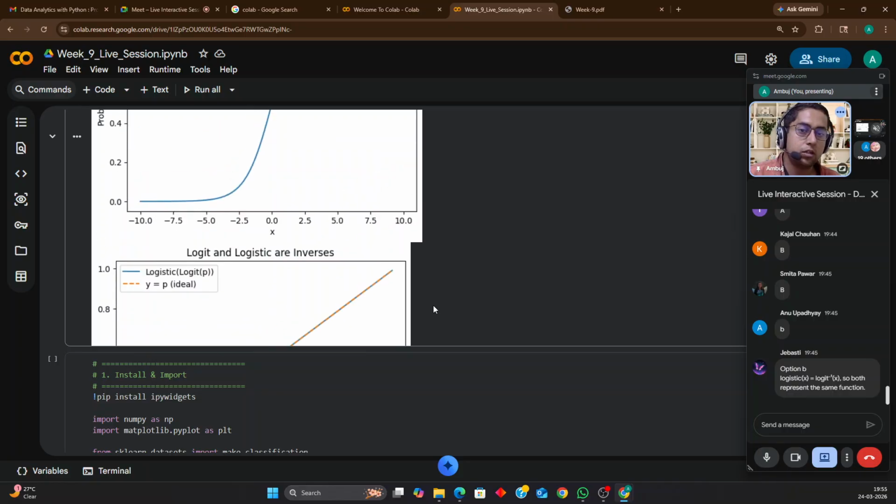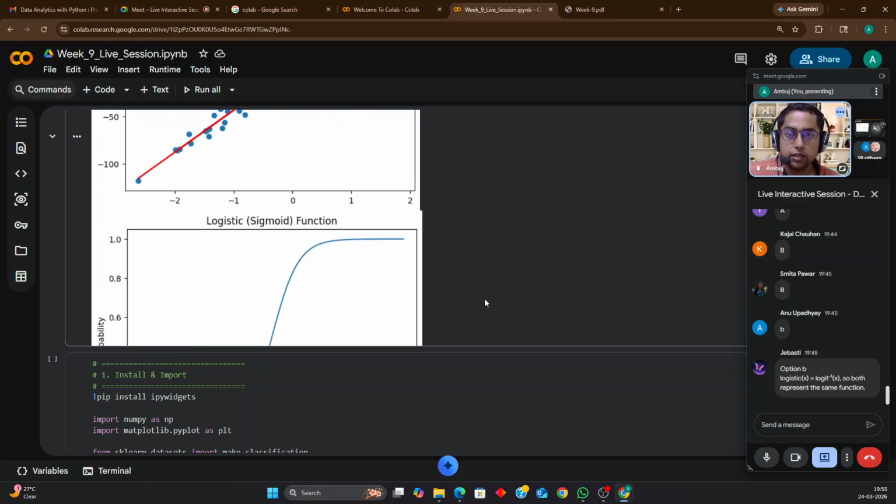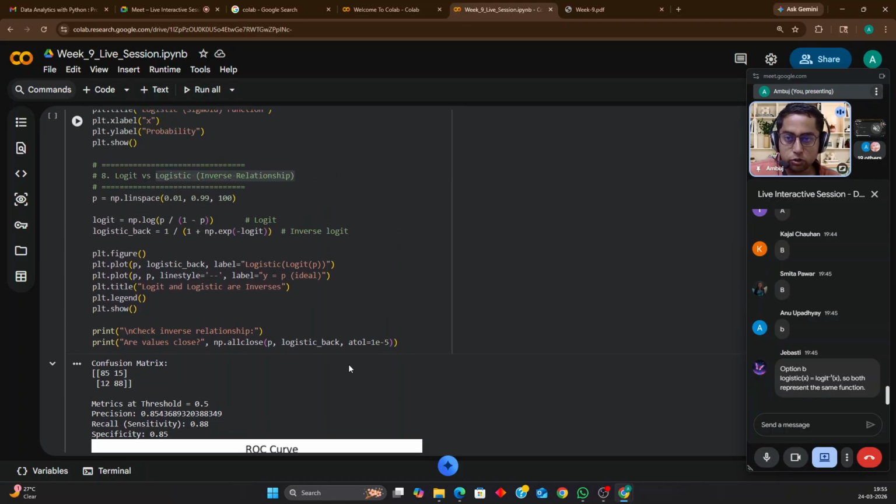Yes, they are close, so it is given true. Why is it true? Because we are calculating within the tolerance which I have given as 10⁻⁵. When both values are within this tolerance range, it will raise the flag as true. Otherwise, it will raise the flag as false.